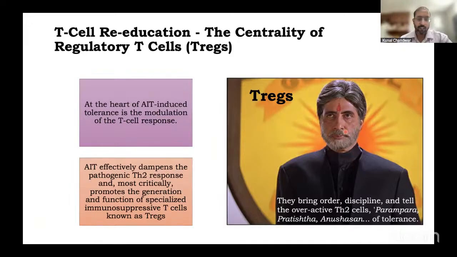If the Th2 cells are becoming overactive, they'll come and tell them that you have to establish the parampara, the pratishtha, and the anushasan of the immune system, and you will have to bring back the regulatory framework, cool down the inflammation, bring the fire down, and ensure that there is peace again.